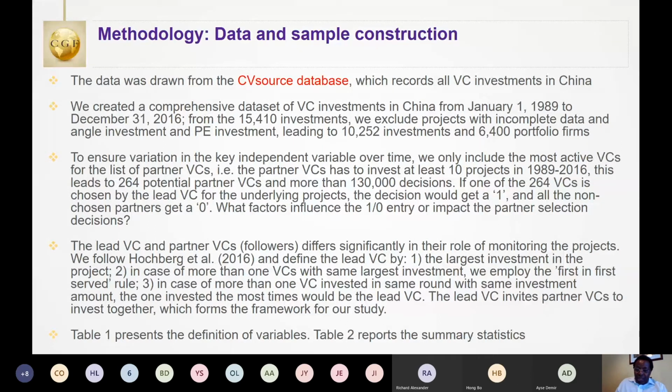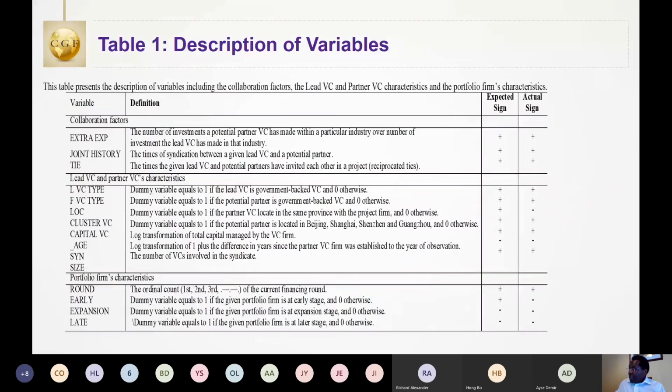And what I'm going to share with you in table 1 gives us a summary of the variables of interest here, consistent with the literature and the views that I summarized.